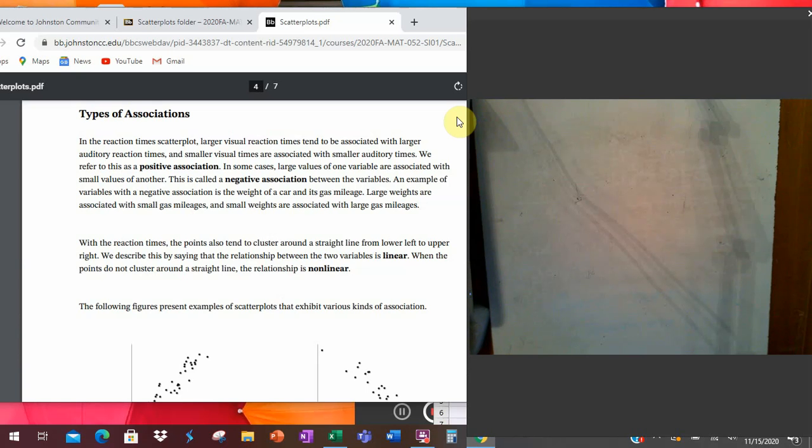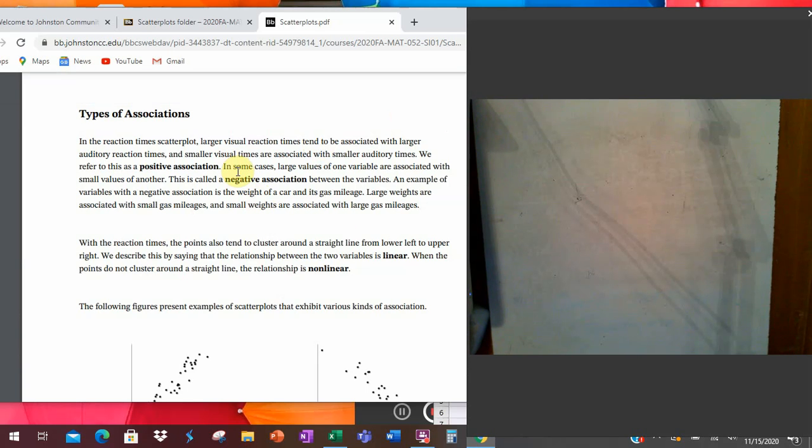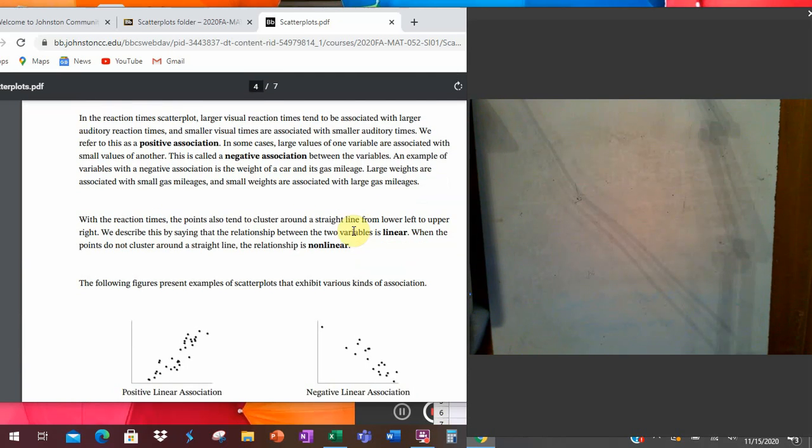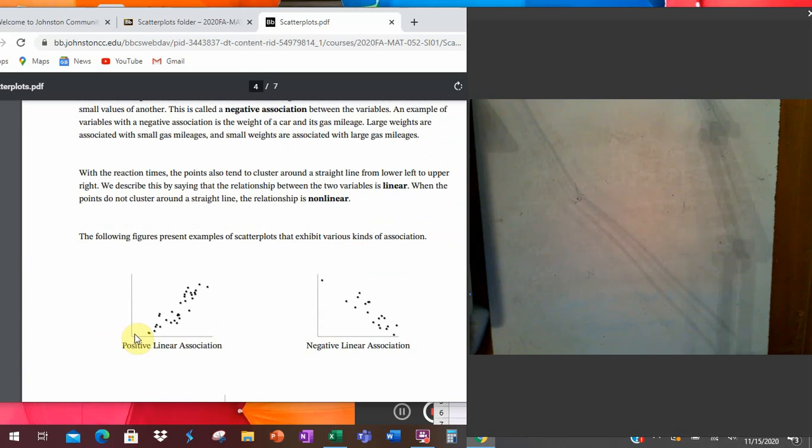So when we had that picture up, we saw when it moved to the right, it was actually going up. Those associations, those relationships between the X and the Y, we have some terminology that we work with. If you're moving to the right, left to right like we read, and it goes up, we call this a positive linear association.